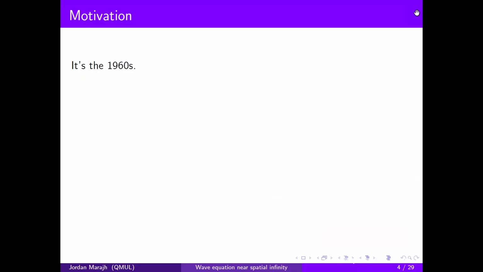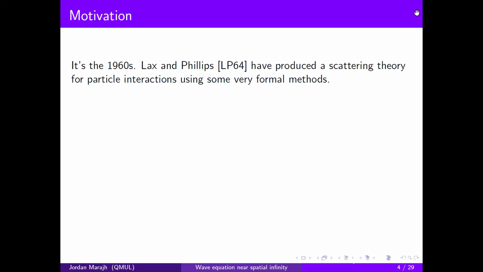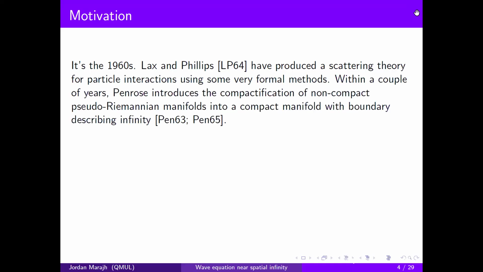So the way that I understand the nature of these conformal scattering problems is you can look at it in the following way. It's the 1960s, and Lax and Phillips have some scattering theory, particle interactions, and that uses some pretty formal methods, at least at the level of function spaces. And then, a few years later, Penrose introduces the compactification of non-compact pseudo-Riemannian manifolds into a compact manifold with boundary describing infinity, something that I think most people in the audience are familiar with.